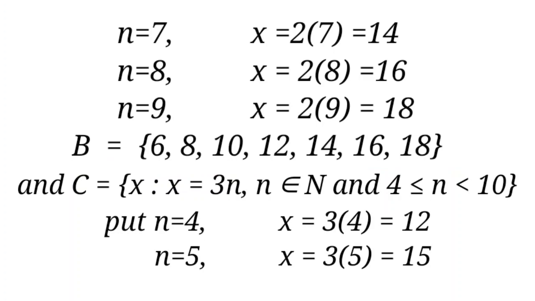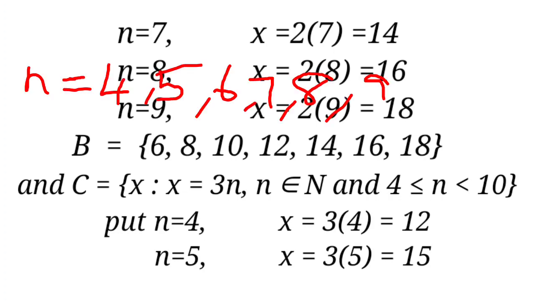And C is equal to {x such that x is equal to 3n, n belongs to natural numbers, and 4 less than or equal to n less than 10}. Here n is equal to 4, 5, 6, 7, 8, 9.